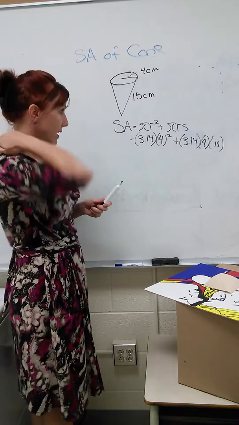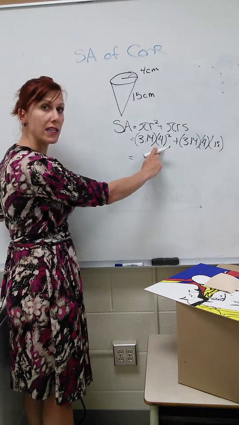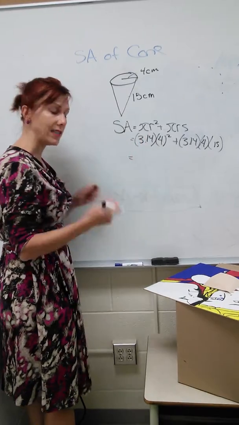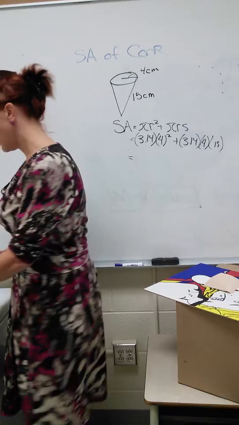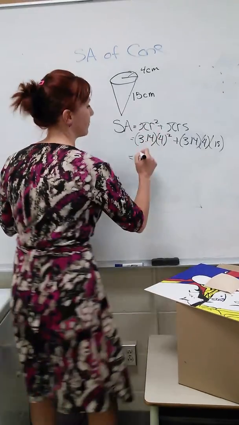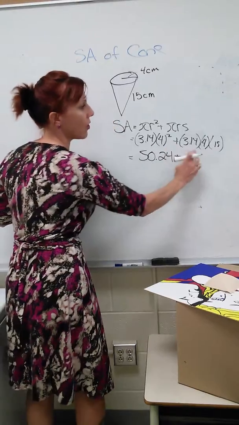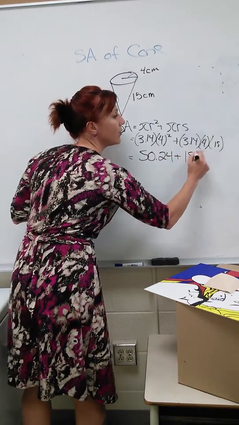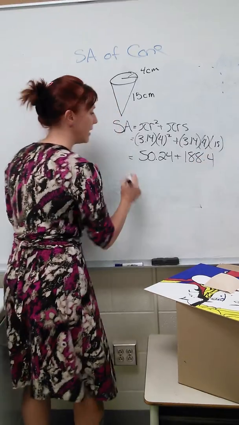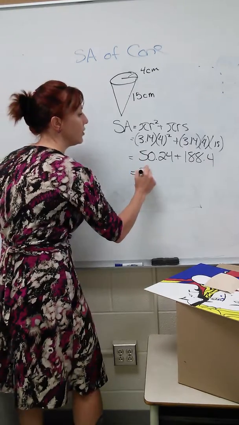Then I just solve this out. I start with my exponents, 4 times 4, which is 16, and I multiply that by 3.14, and I end up with 50.24. When I solve the other part out, I end up with 188.4.